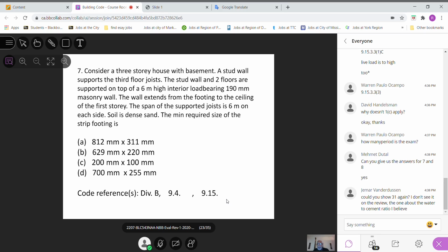Okay, so we got a footing, and this is an interior wall. So we have a complete block up to the first floor ceiling. So here we can say this is our basement, floor, and so this wall goes to the ceiling, the floor above.